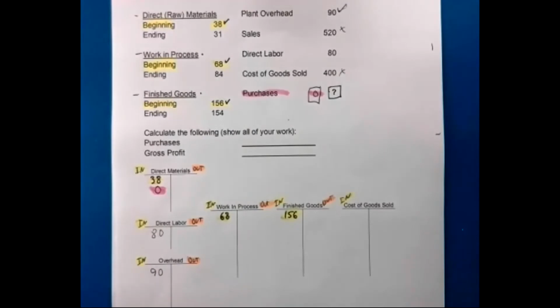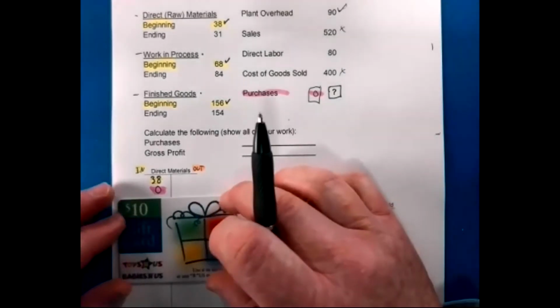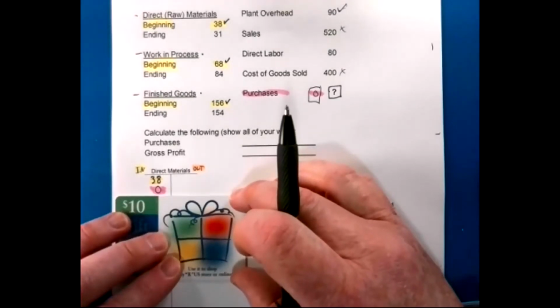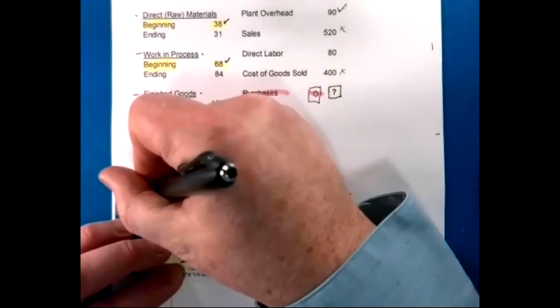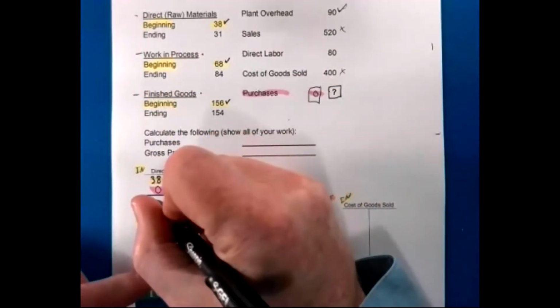I think we're ready to start moving stuff across. Where's my ruler? I don't have it. I'll use my old Toys R Us gift card. I'm not sure why I still have this, but I'll use it.